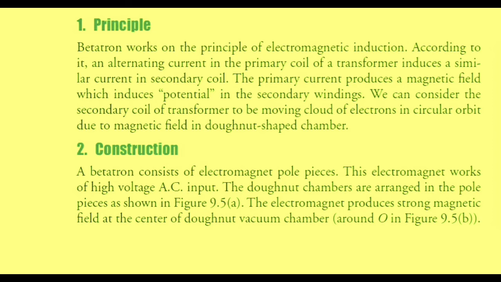The donut chambers are arranged in the pole pieces like shown in the figure. The figure is not visible yet, but I will show you all after a few minutes. So first let me finish this. The electromagnet produces a strong magnetic field at the center of the donut vacuum chamber.